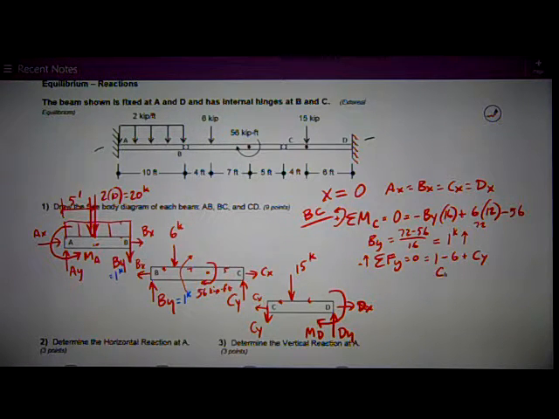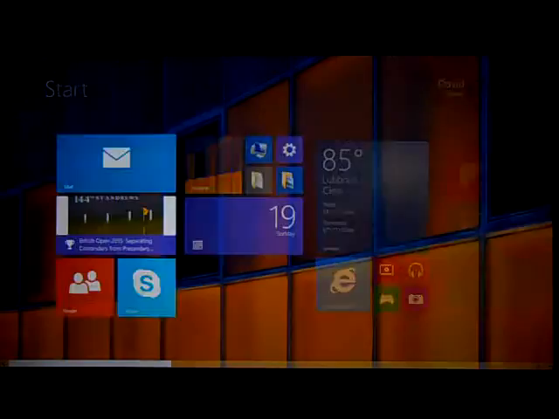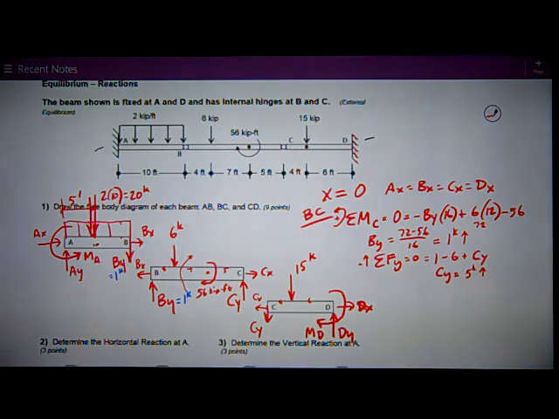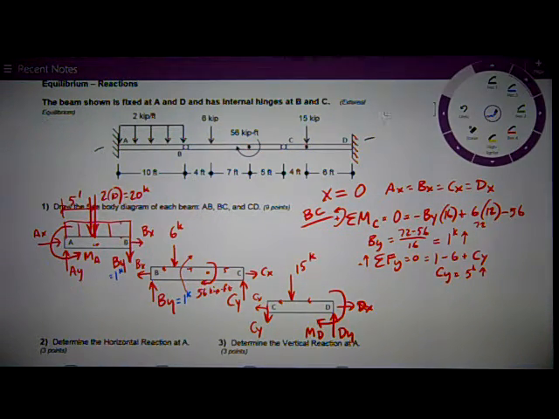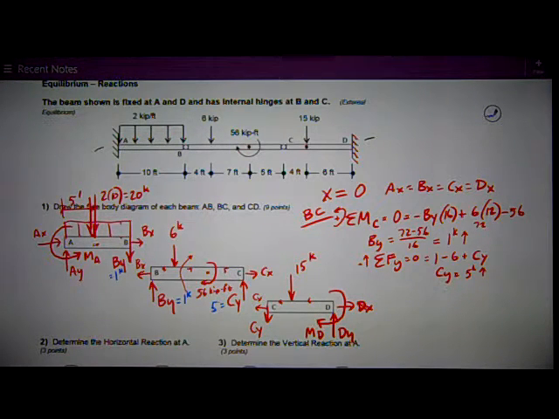Therefore, CY is equal to positive 5. And go write that reaction on the free body diagram. So CY works out to be 5 up on that member. CY is down on this member.